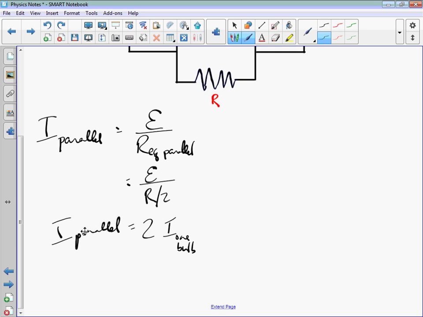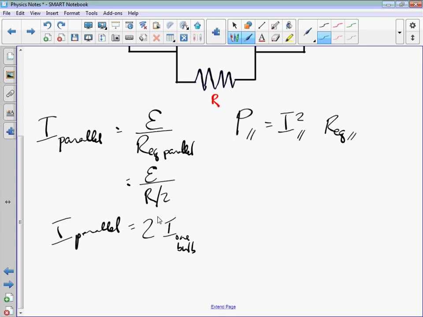Pretty nasty, but it'll work. Power, last one, comparing our power in parallel to our power for a one bulb circuit. So power in parallel is equal to I squared in parallel times equivalent resistance in parallel.